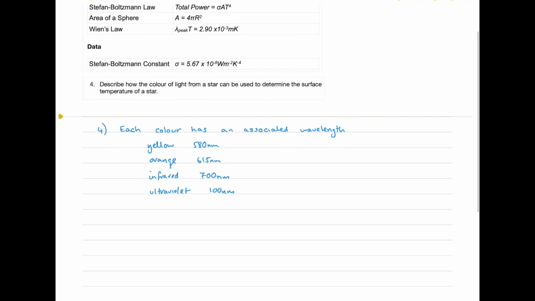Now, by observing the main colour or wavelength of a star, you can deduce surface temperature using Wien's law.